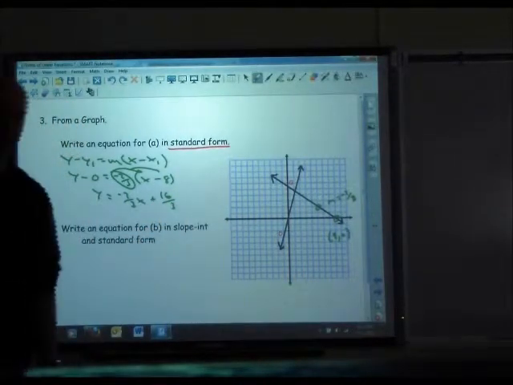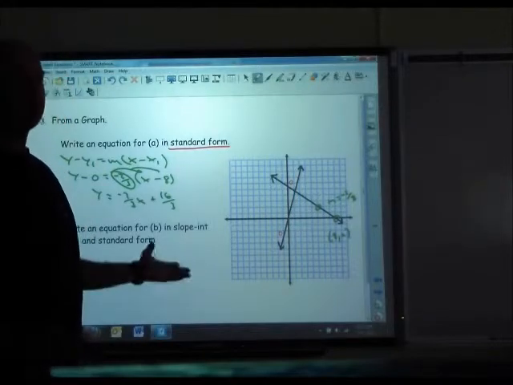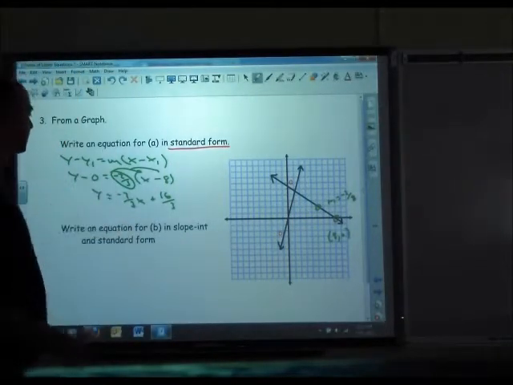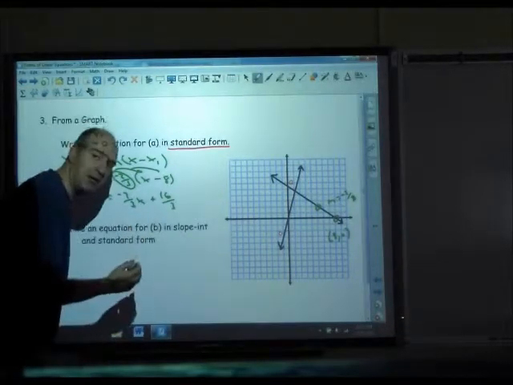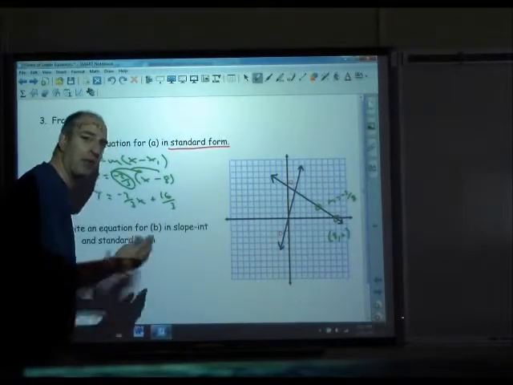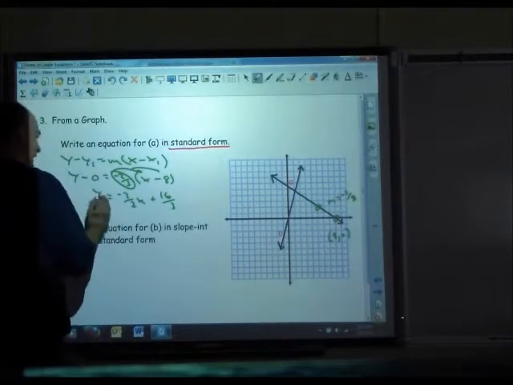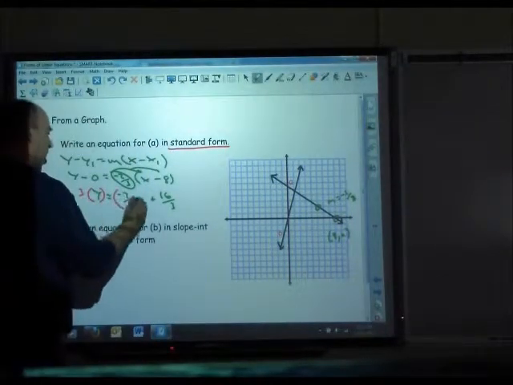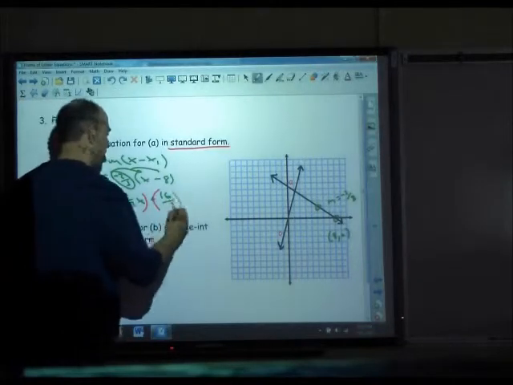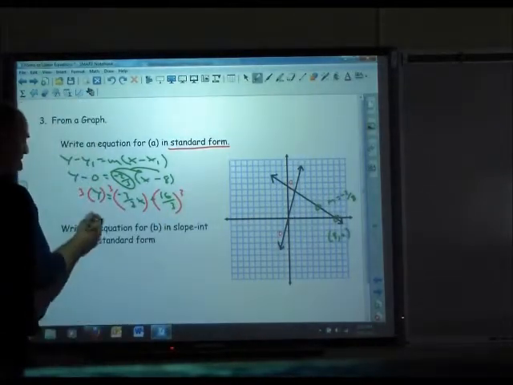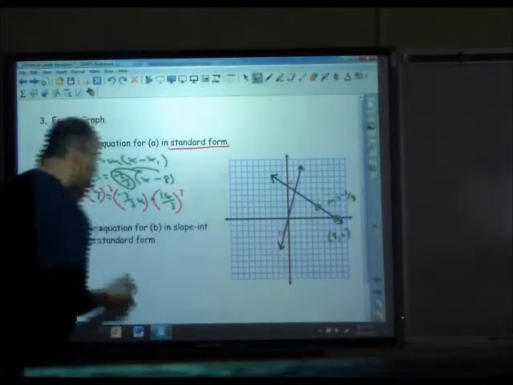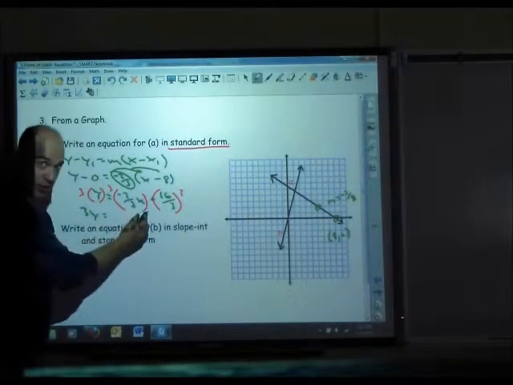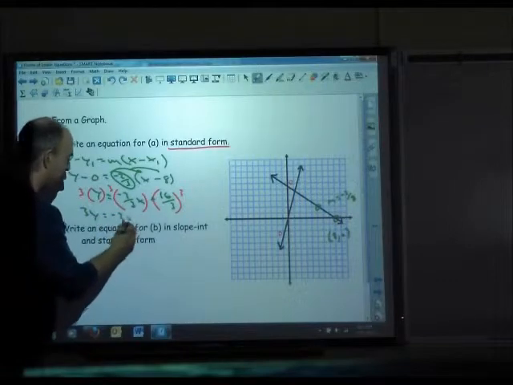Okay? Now remember what I said about fractions. You want standard form? I've got to get the x and y together, but I'm going to get rid of these fractions now. I've got thirds and they're haunting me. So I'm going to multiply everything by 3. So I will have 3y equals, these 3's reduce, so that's negative 2x.